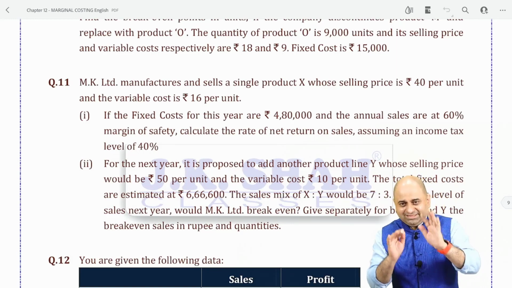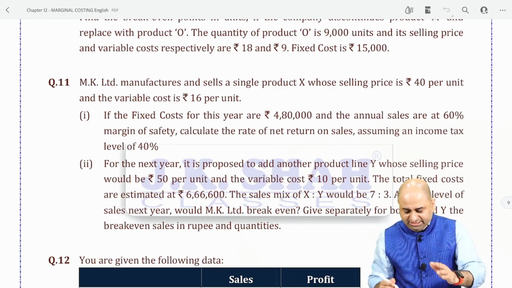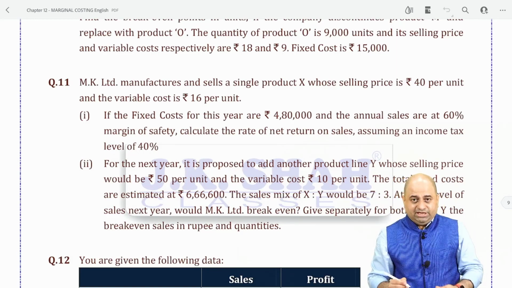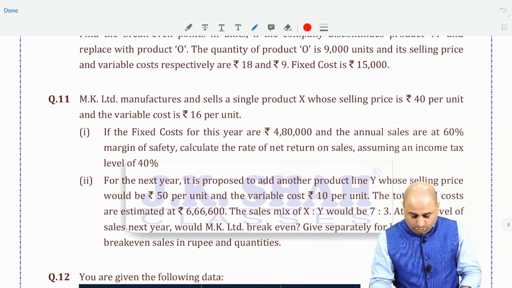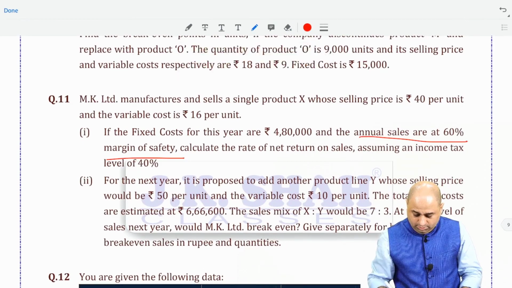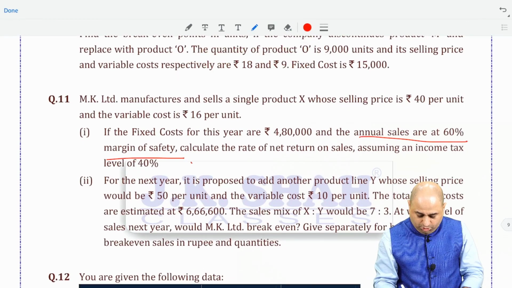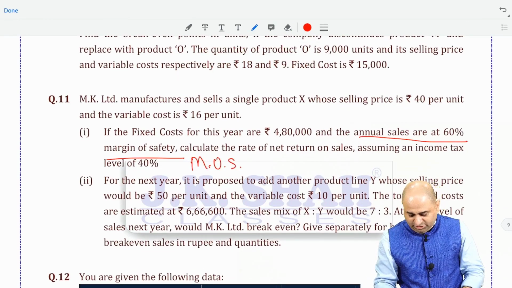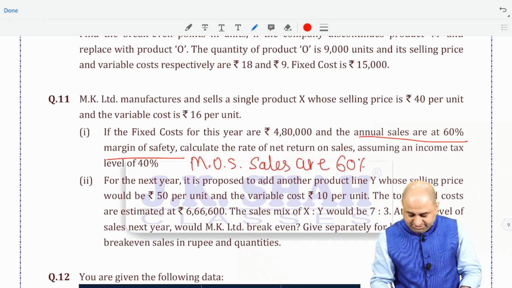Only point, it's there in the original question as well: it says annual sales are at 60% of margin of safety. It actually should be that MOS, margin of safety sales, are 60% of annual sales.